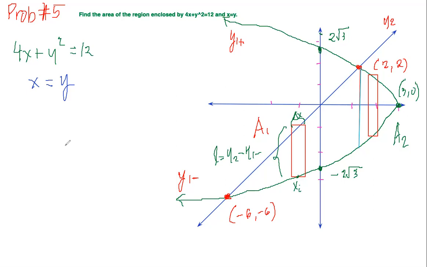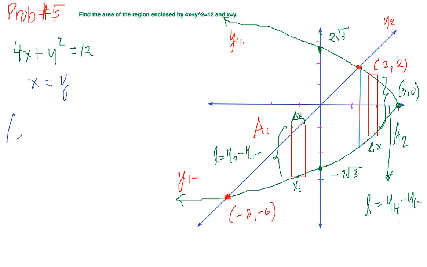And here, this is our delta x, and the height is equal to y sub 1 plus minus y sub 1 minus, correct? Because the upper is the y sub 1 plus and the lower is the y sub 1 minus. So our area can be computed in this manner.